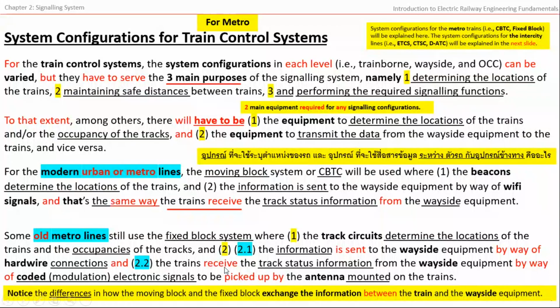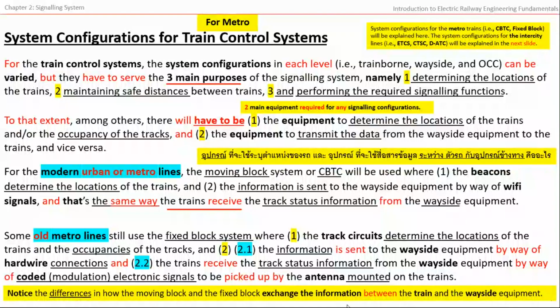And the trains will receive the track status information from the wayside equipment by way of coded electronic signals sent from the track to be picked up by an antenna mounted on the train.